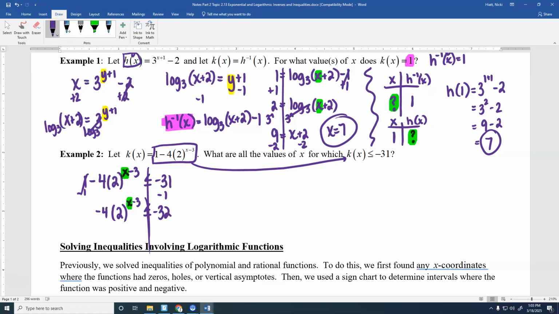You are correct that we need to do something with the 4, but we don't add it, because it's not being subtracted. What's happening between that negative 4 and the 2? They're multiplied. So we want to divide by negative 4. And since we are dividing by negative 4, what have we got to do? Flip the sign. So we got 2 to the x minus 3 is now greater than or equal to positive 8.